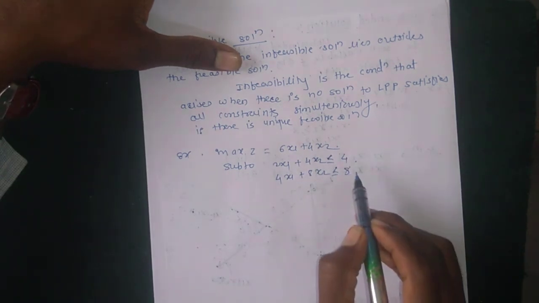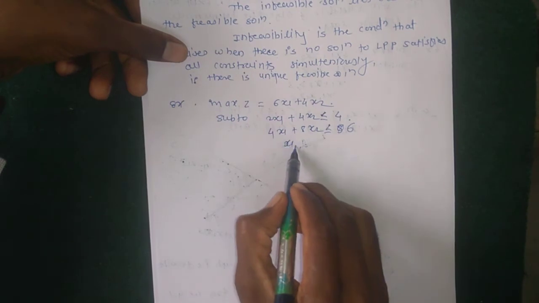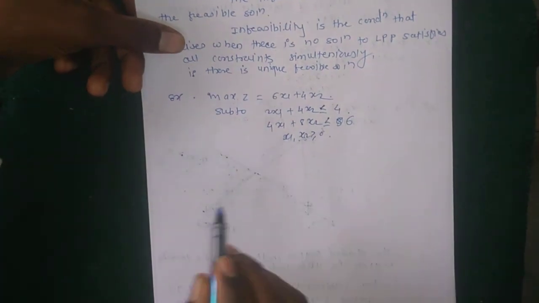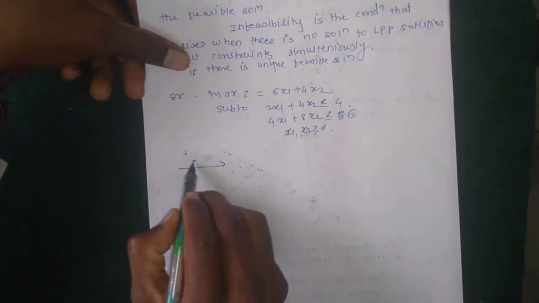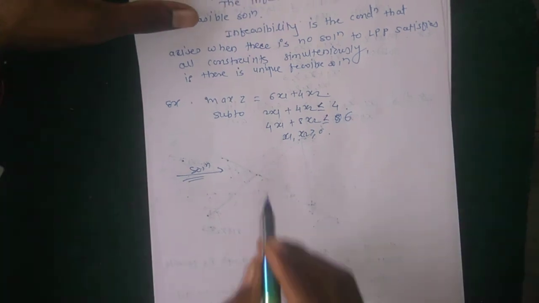Then their value is 6, and x1 and x2 are greater than or equal to 0. So this has an infeasible solution.